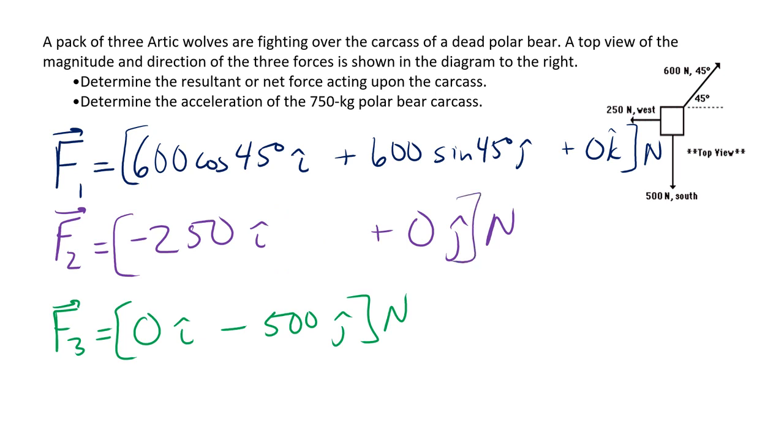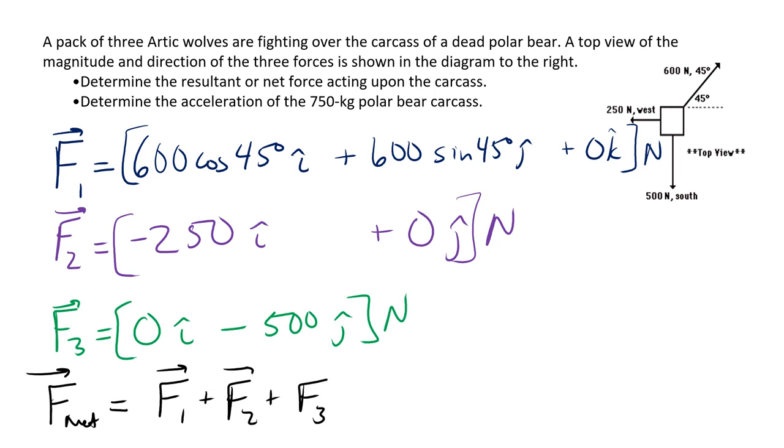And then in this technique, what you would do is you say, okay, my net force is going to be the summation of my force 1, force 2, and my force 3. And what you would do is you would group all your I hats together. So you get 600 cosine 45 minus 250 quantity I hat.